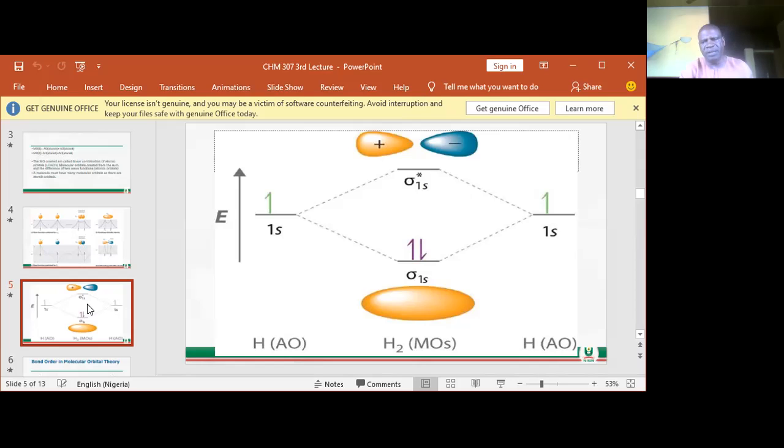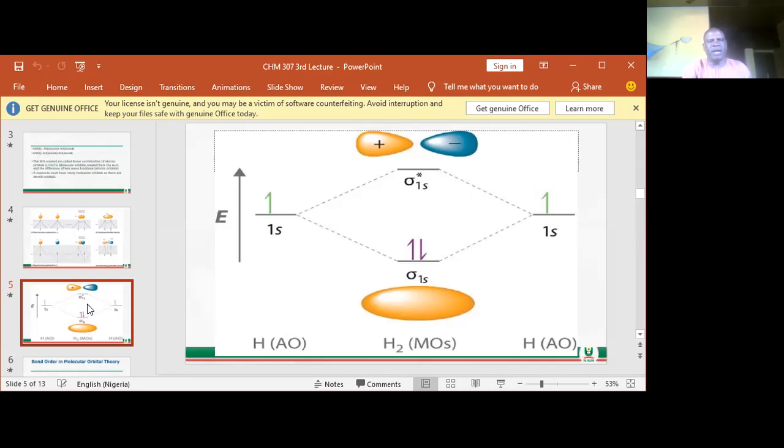Now, that brings us to the definition of bond order. Bond order is the number of electrons in the bonding molecular orbital minus the number of electrons in the antibonding molecular orbital, divided by 2. So in the case of a hydrogen molecule that we can see, we have 2 electrons in the bonding molecular orbital, while there is no electron in the antibonding molecular orbital.